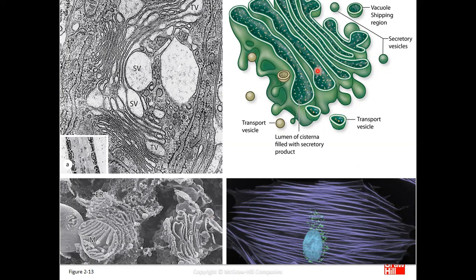And because of that variation from the ER, the Golgi apparatus is specialized for, number one, packaging. So substances will be produced by rough or smooth ER and enter this organelle.